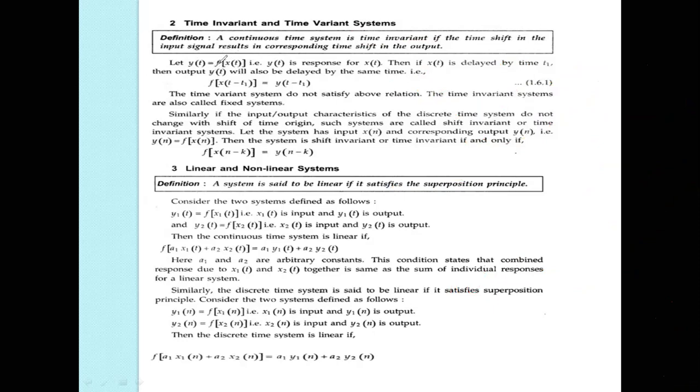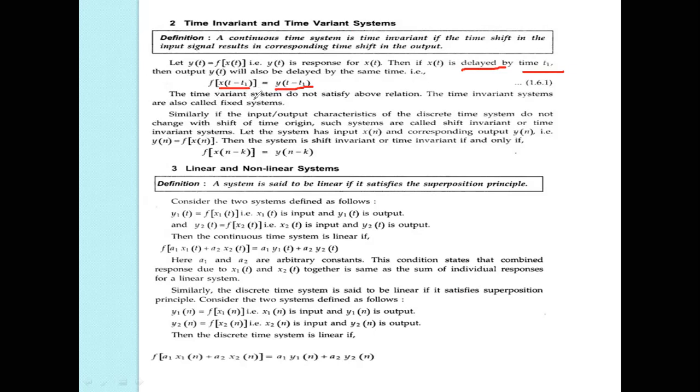Why I am taking it as a function: the x of t signal passes through the system. That is, y of t is the response for x of t. If x of t is delayed by t1, x of t minus t1, the output is y of t minus t1.